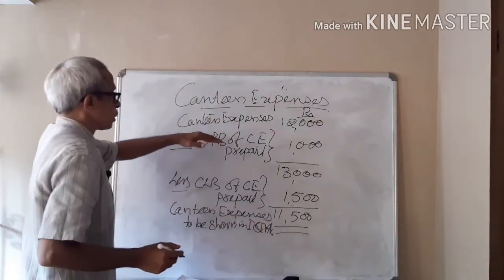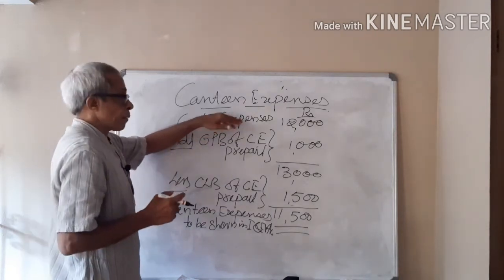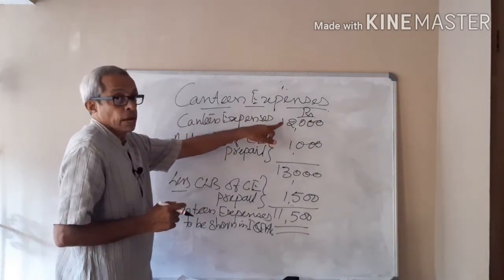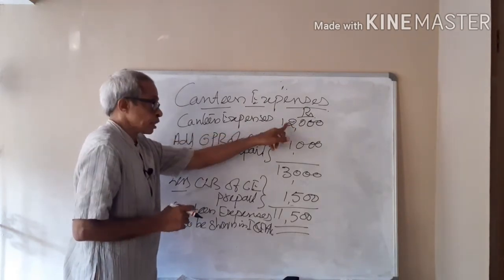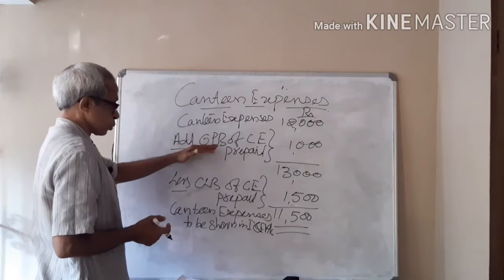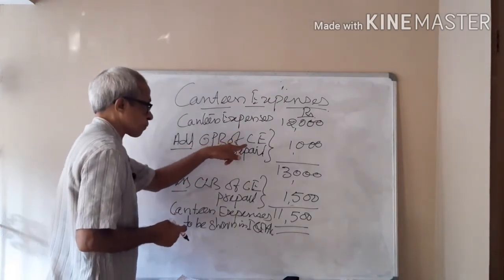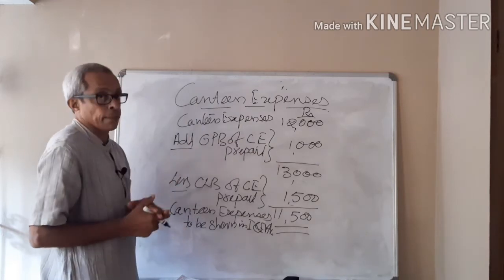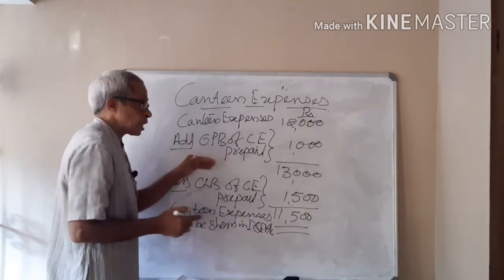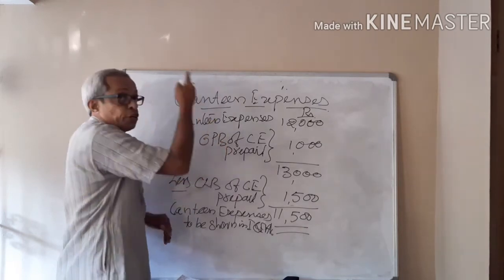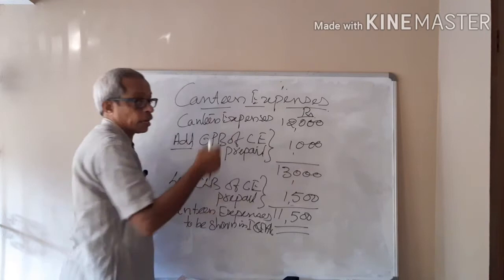So actual payment of canteen expenses is taken from the payment side of receipts and payments account, that is 12,000. To this we make adjustments with regard to the opening balance of canteen expenses prepaid. Opening balance of canteen expenses prepaid means canteen expenses paid during the previous year, but this much amount belongs to the current year.